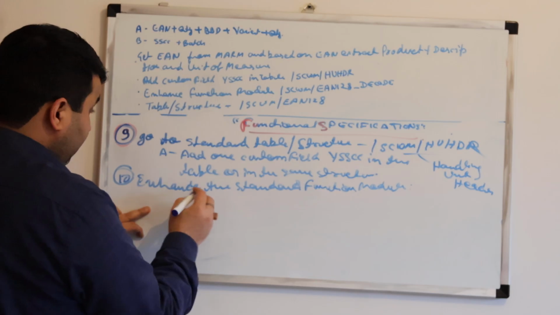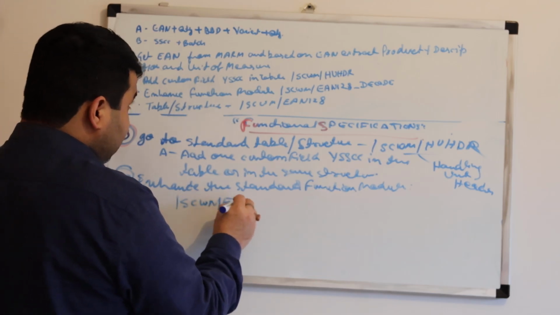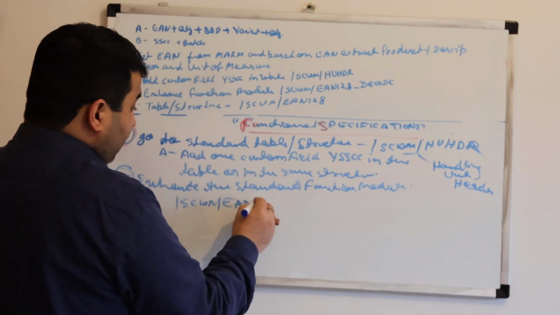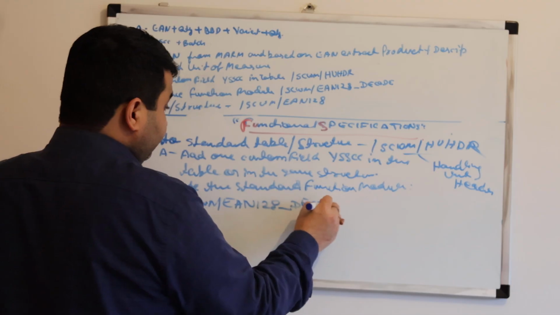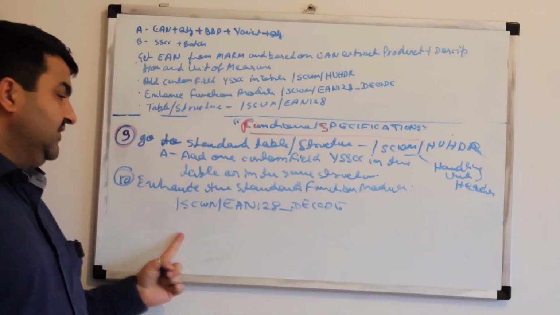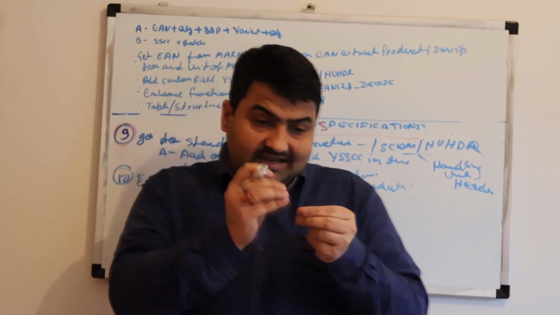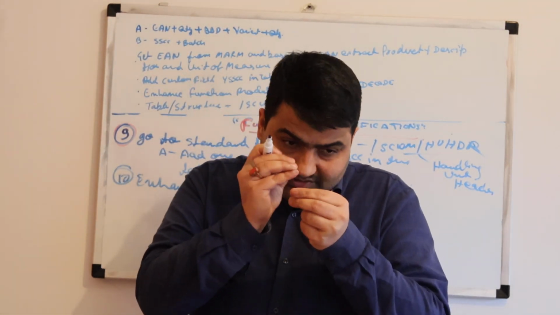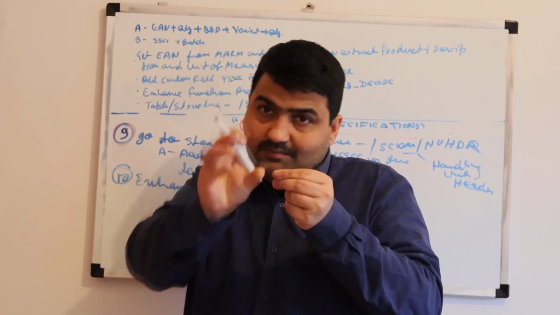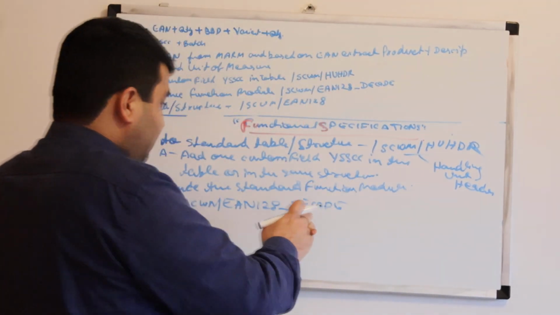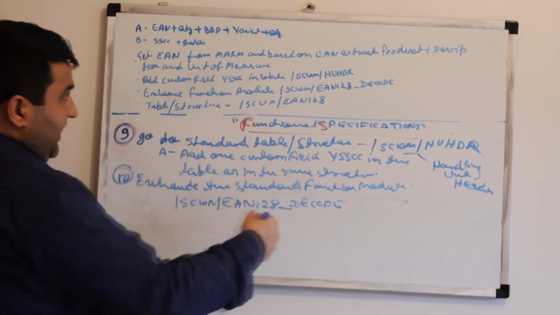Here I am going to put /SCWM/EAN 128 decode. So this function module is responsible to translate the digits we have on the barcodes into the system. This function module translates the barcode details. So enhance the standard function. So he will do the enhancements here.